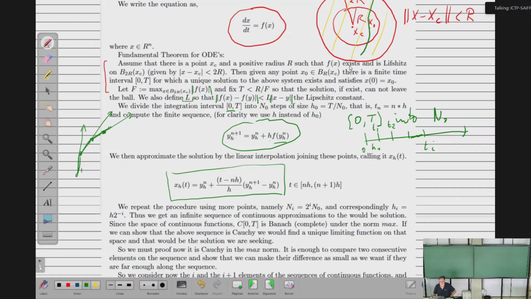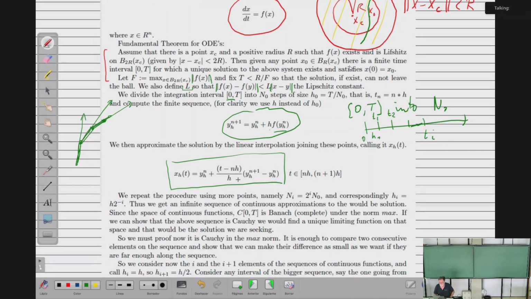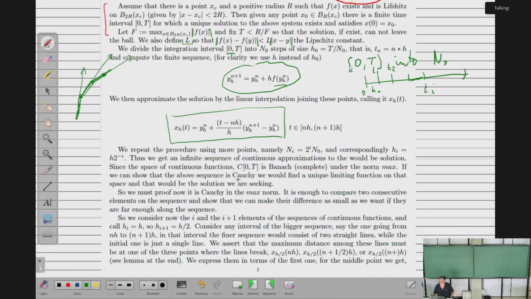So you have four points now, and we are connecting these points with straight lines. So this is the approximation, a continuous function.